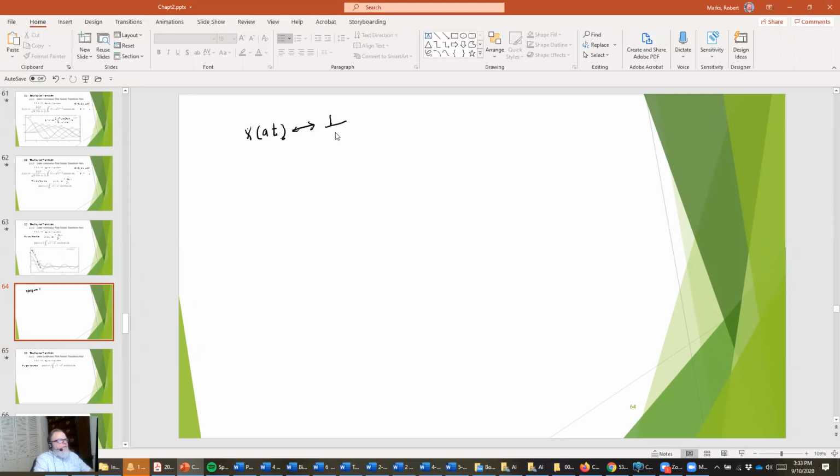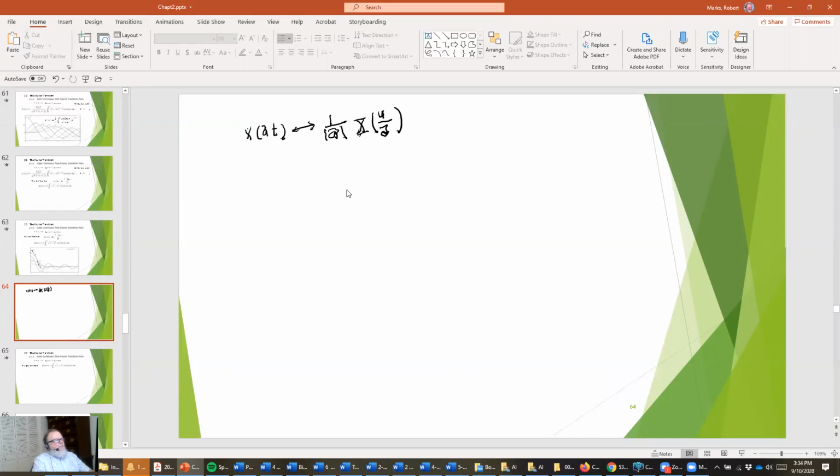This is not the transform of x of at, what I'm writing down here. This is a common mistake. Rather, the proper theorem is that it's the magnitude of a.